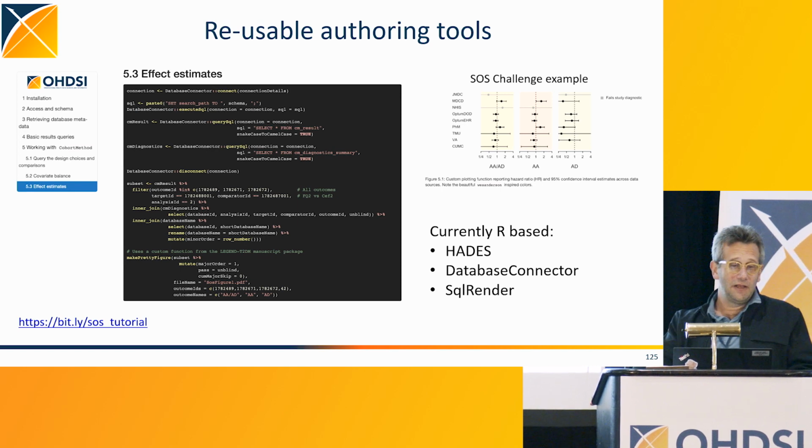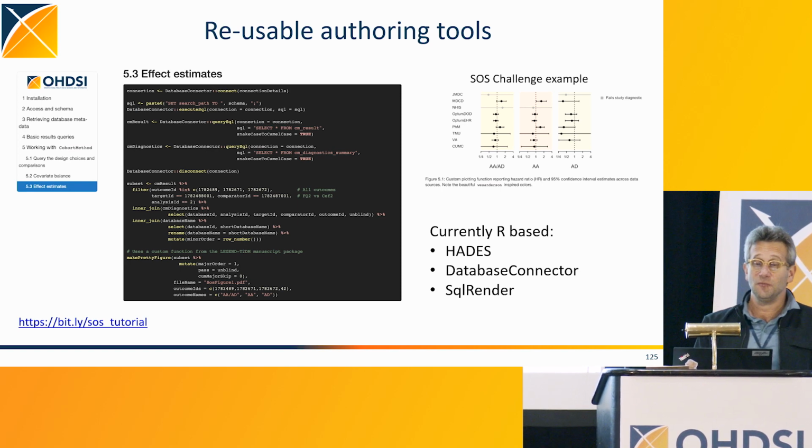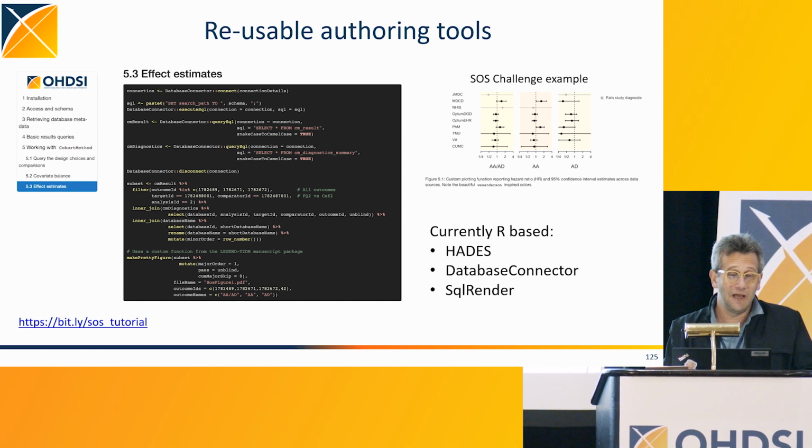I've started on some documentation of some reusable authoring tools that allow you to take the results artifacts from network studies and turn them into interpretable scientific publications. All of this has been handcrafted R. But again, it's R that uses the OHDSI tool stack.